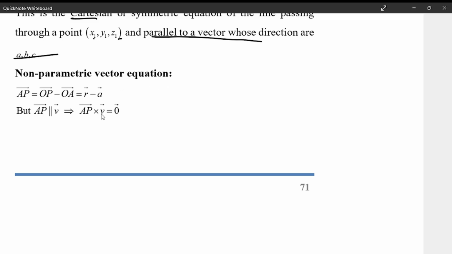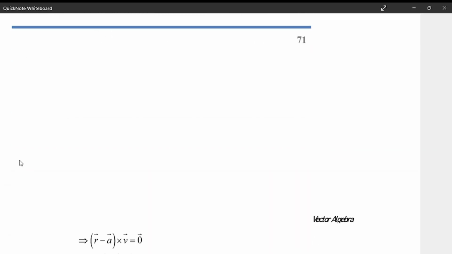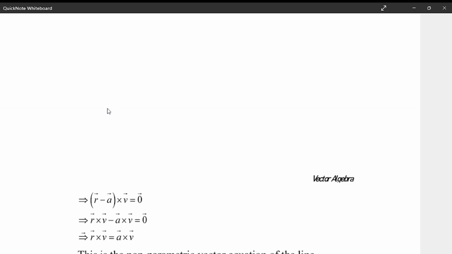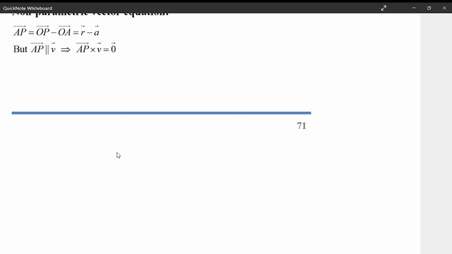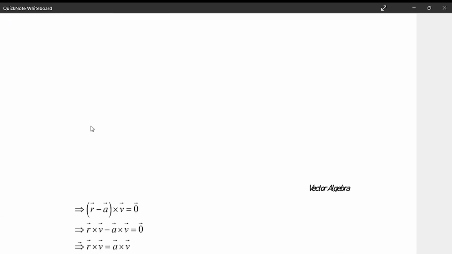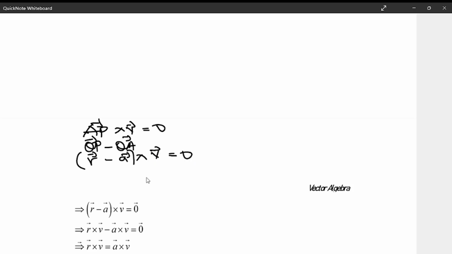Non-parametric vector equation. The non-parametric vector equation is given as AP times v equals 0. So vector AP times v equals 0. And we know that AP is equal to OP minus OA. But OP is r and OA is a, so (r minus a) times v is equal to 0.